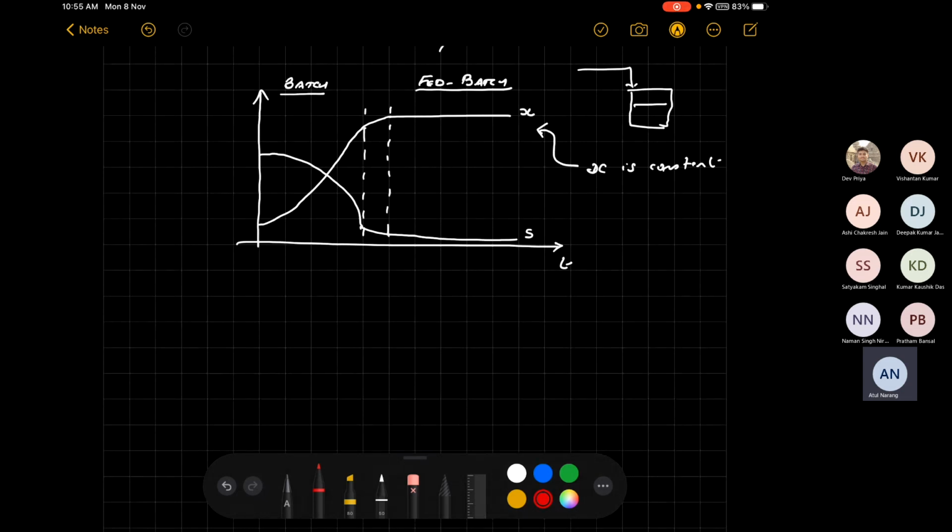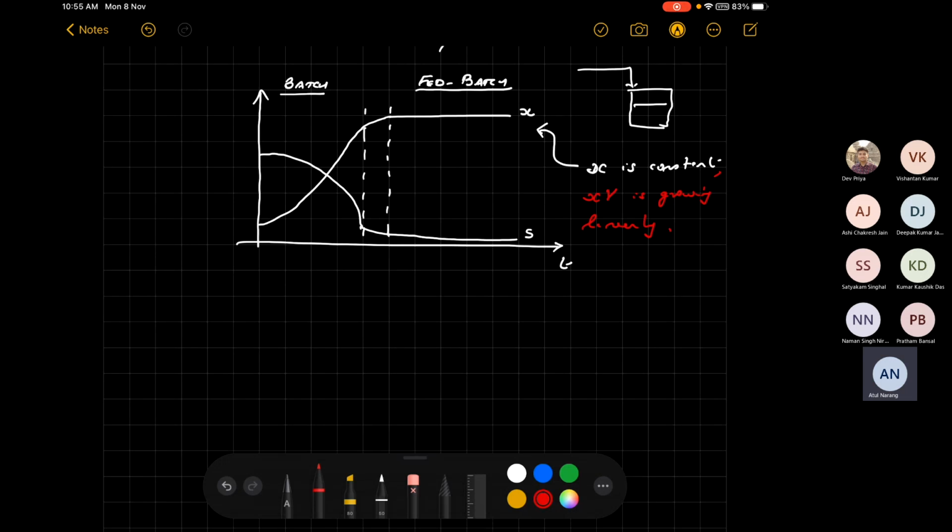So X is constant, but keep in mind that X times V is growing linearly. That means the total amount of biomass in your reactor is growing linearly, because X is constant but the volume of the reactor is growing linearly.